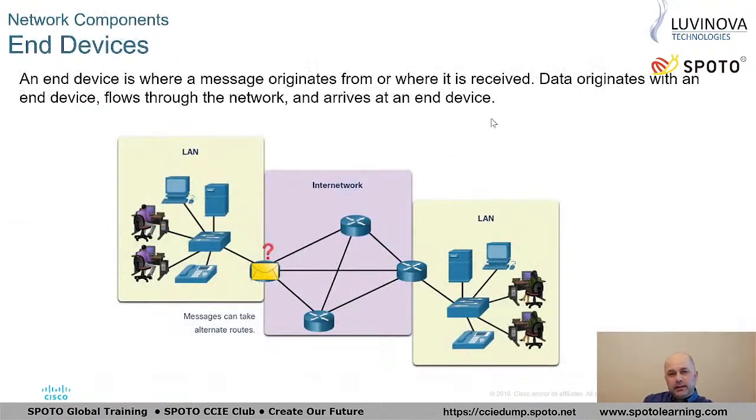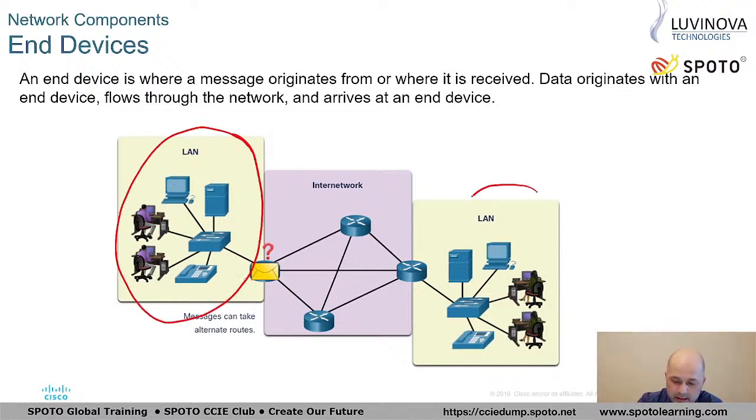End device. We talk again about how an end device is a computer behind which is the user. As you can see here, we have end devices in this network and end devices in that network.